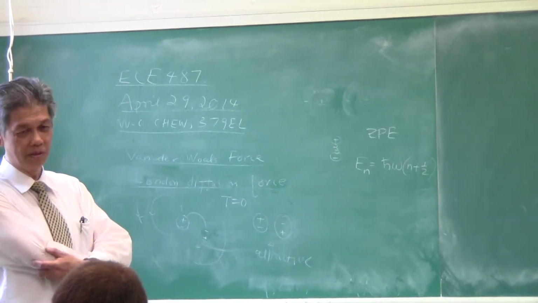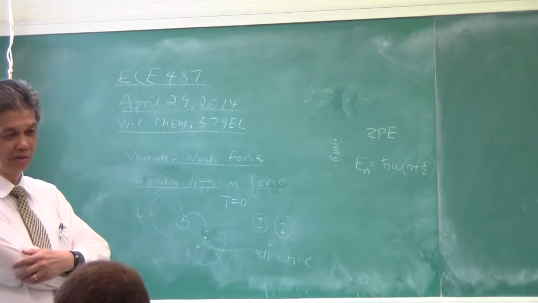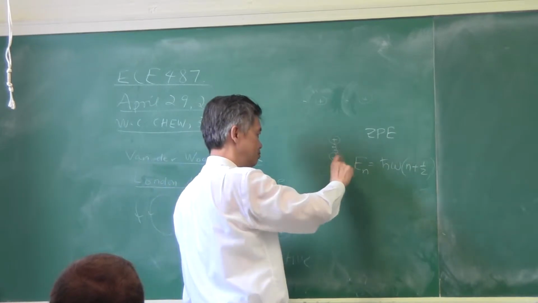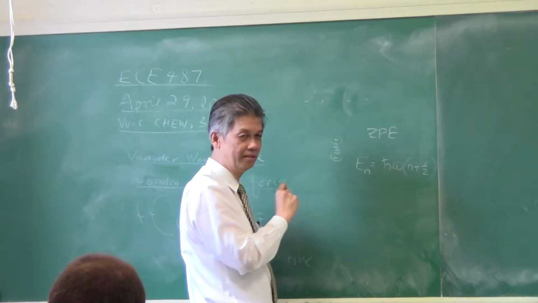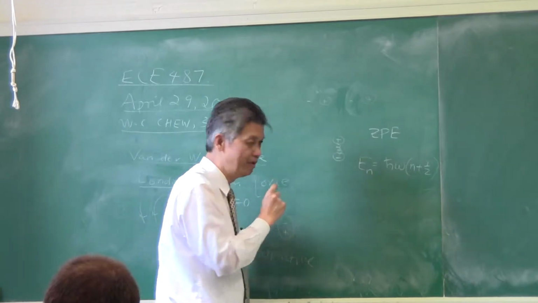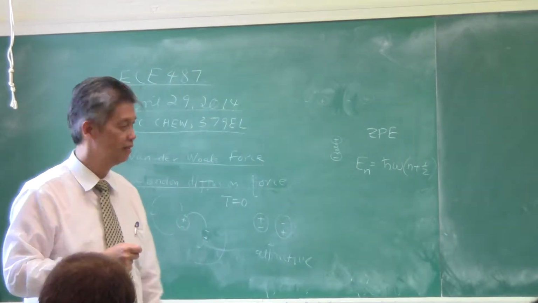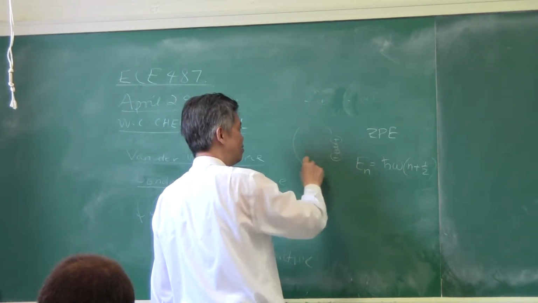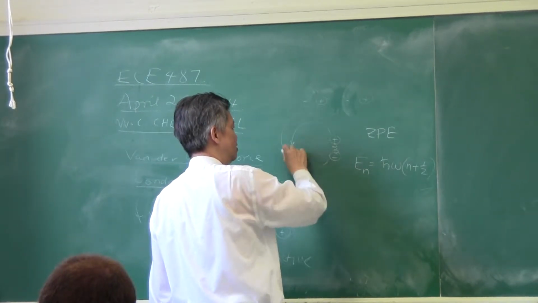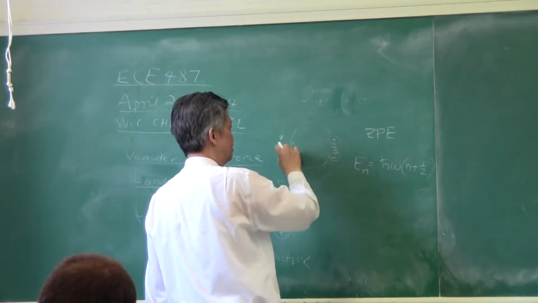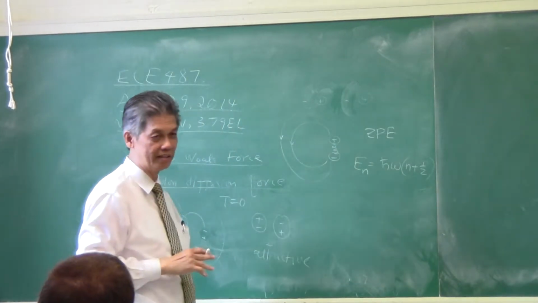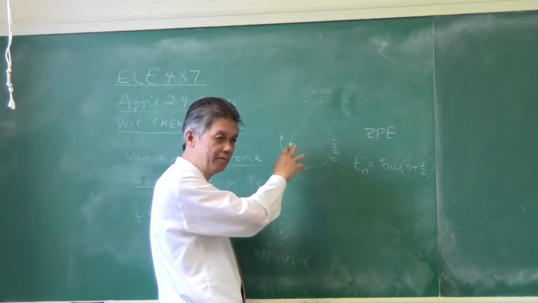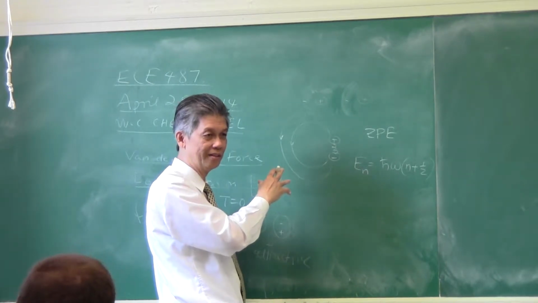And you learn from quantum electromagnetics and quantum optics that the mean of the oscillation produced by the ground state is 0, but the mean of the square is not 0. What it means is that if this thing produces an electric field related to the ground state energy of this oscillator, then the mean of the field will be 0, but the mean of the square is not 0. That's very important.